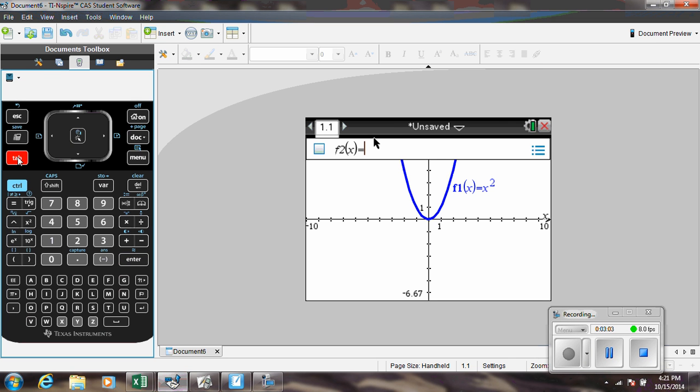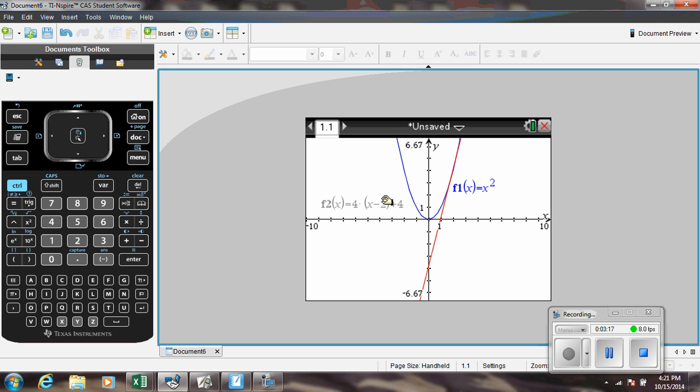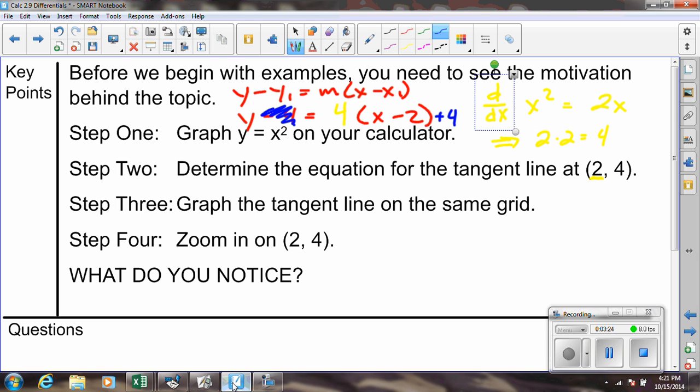Our formula was slope of 4, times x minus 2, plus 4. And you'll note we could see our tangent line where we have already obtained the equation, and at the same time we've also done step 3 with graphing it on the same grid.